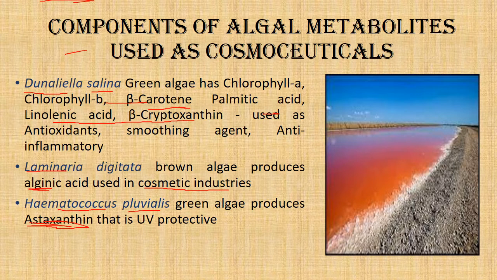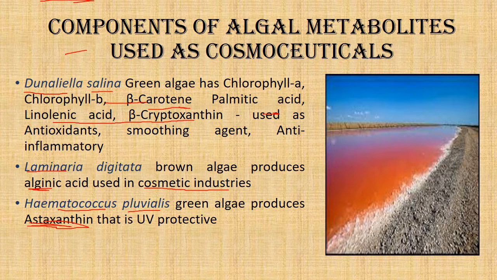Next is our Haematococcus pluvialis. Haematococcus pluvialis is also another halotolerant planktonic algae. One thing I should say, this Haematococcus is unicellular and planktonic, and all these algae, Dunaliella salina and Haematococcus, appear reddish in color due to a very high amount of carotenes.